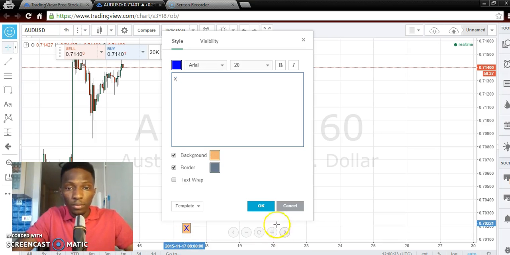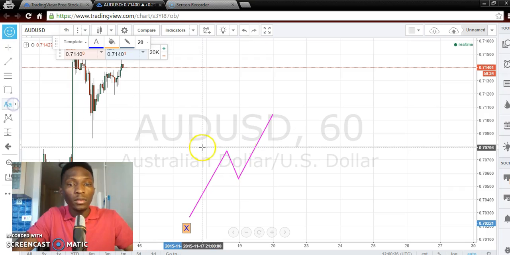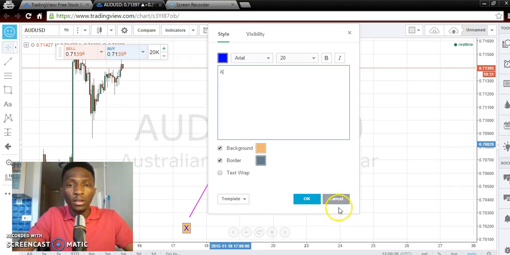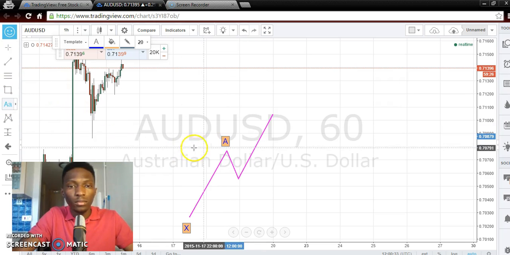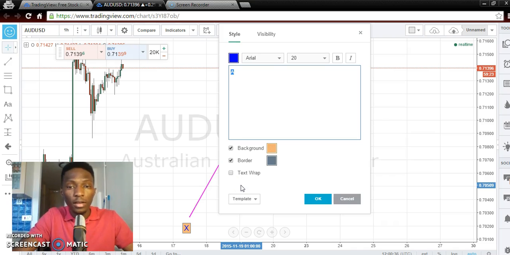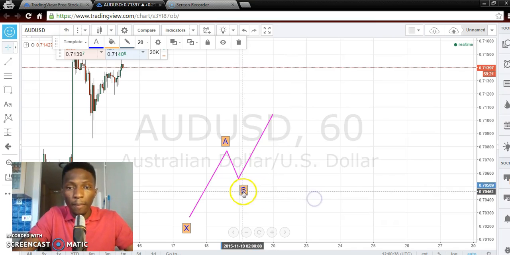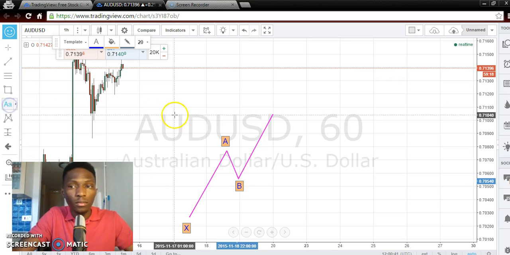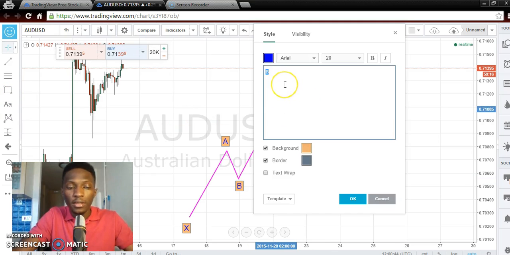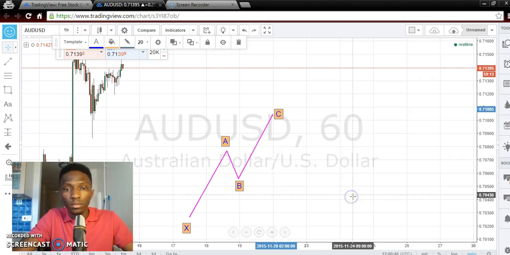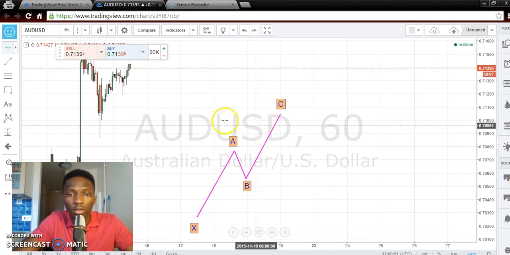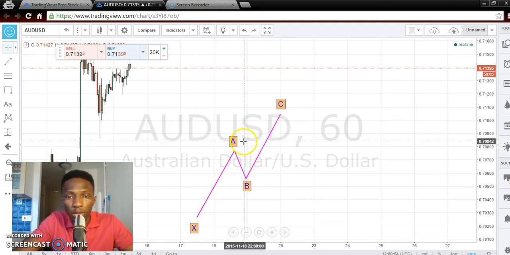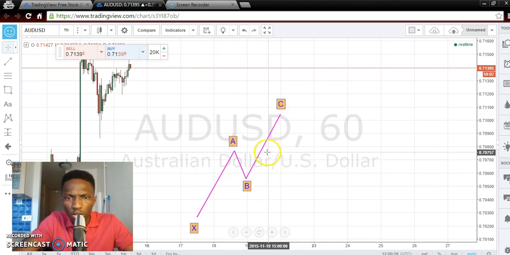So we're going to label that as X, and we're going to label that as A, and we're going to label that as B, and we're going to label that as C. So basically, now we've labeled this diagram. The second thing is identifying the entry point.